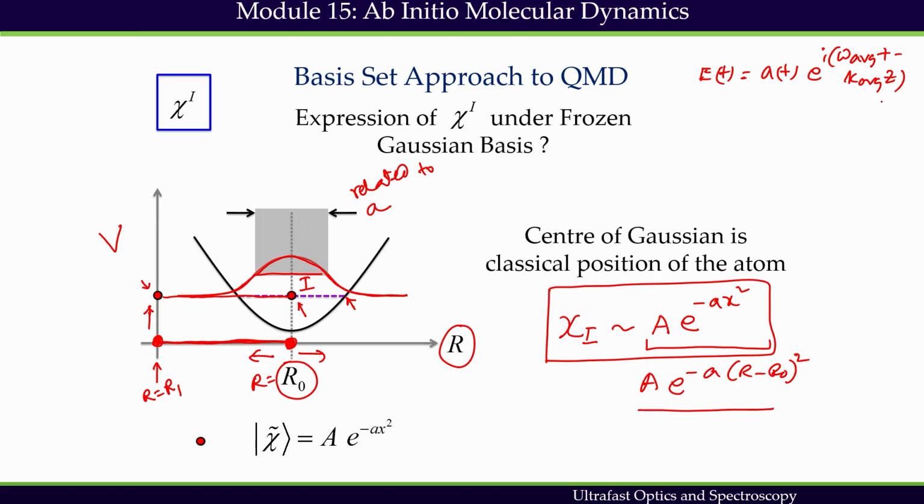We said that this envelope function can be expressed as a Gaussian function, e to the power minus a t square, in the time domain, multiplied by e to the power i(omega average t minus k average z).